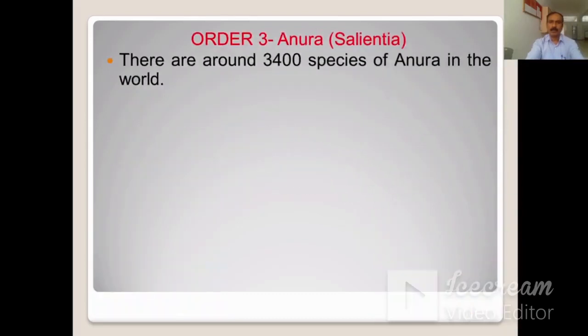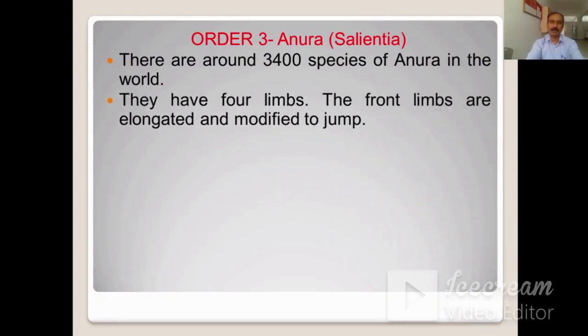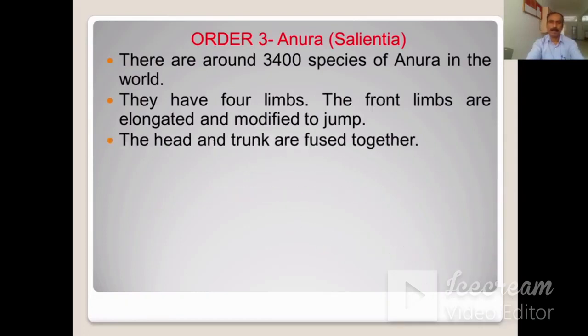This is order number 3, that is Anura. There are about 3,400 species of the Anura in the world. They have four limbs. The hind limbs are elongated and modified to take the jump.